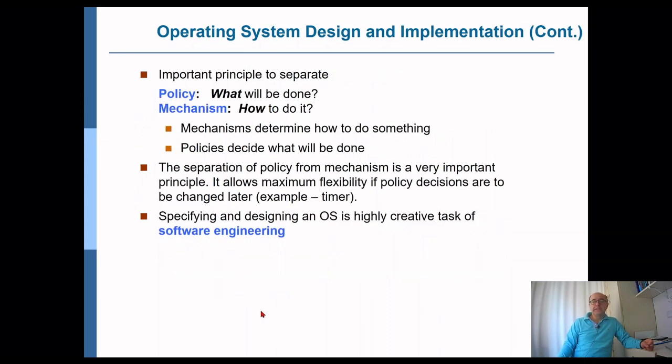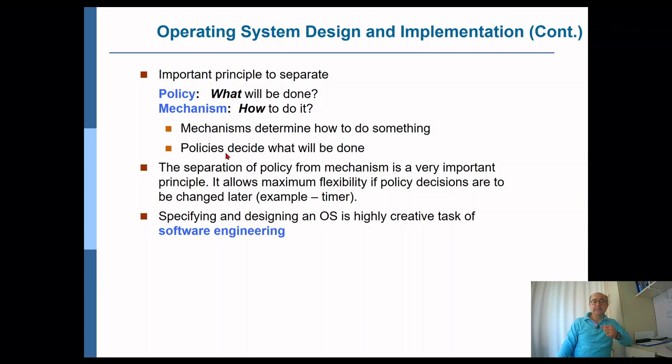So when designing an operating system, you should be able to separate policy from the mechanism. Policy defines what should be done. Mechanism defines how it is implemented. So the mechanisms determine how to do something, whereas the policies decide what will be done.